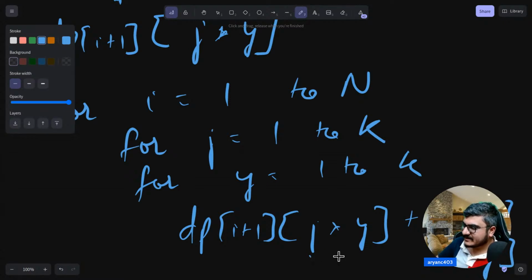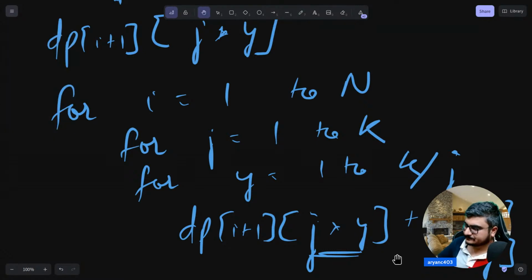And now notice this can be more than k, in fact, if both of them are k. So what you end up doing is, let's make it k divided by j. So for all i equal to 1 to n, for all j equal to 1 to k, for all y equal to 1 to k divided by j, you do dp[i+1][j*y], the new product, plus equal to all the arrays you have so far.